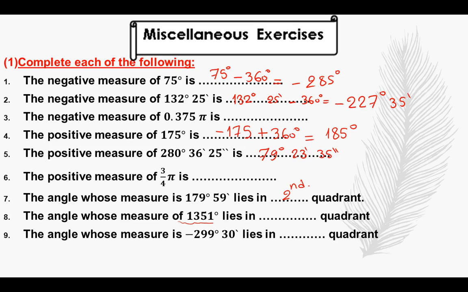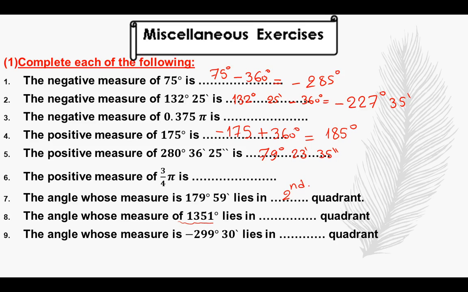Okay, so we will write 1351 minus 360. This equals 991. This is also bigger than 360. So we will subtract again, minus 360 equals 631.